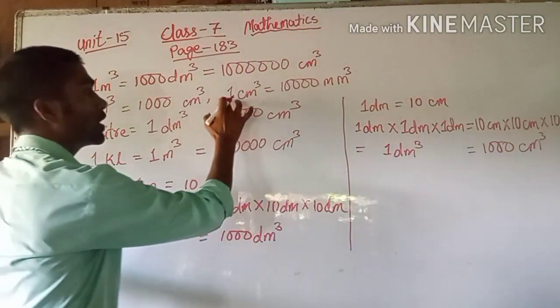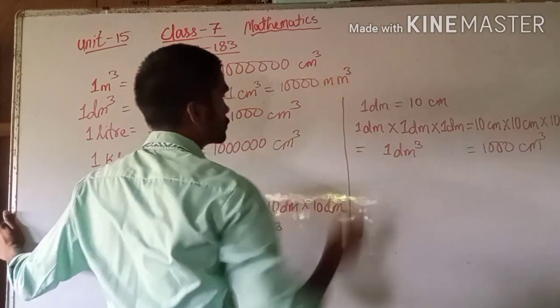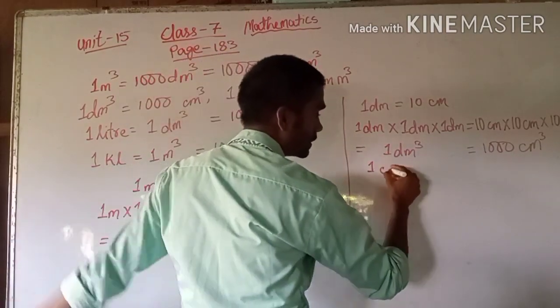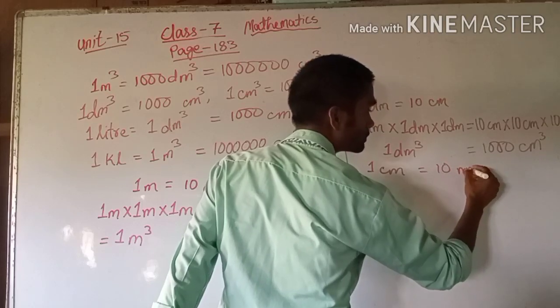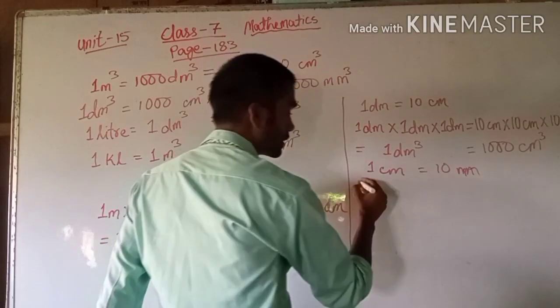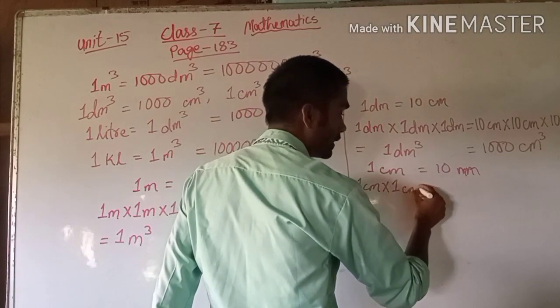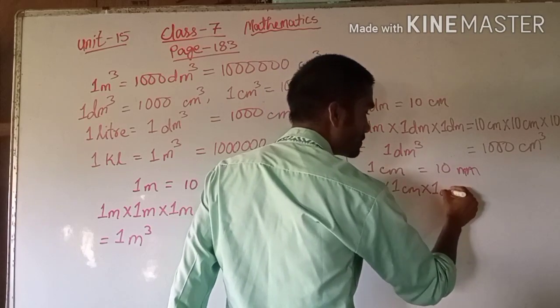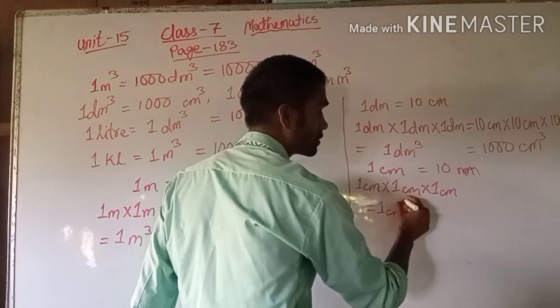Again here, 1 centimeter cube is equal to 10,000 millimeter cube. So 1 centimeter is equal to 10 millimeter. Now if we are finding the cubic unit, then 1 centimeter into 1 centimeter into 1 centimeter, we will get 1 centimeter cube.